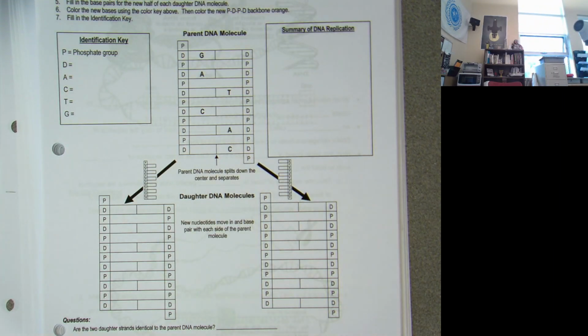I'm surprised there's one thing right at the beginning here that no one's got a question about. There's things up at the top that you need to fill in. Fill in the identification key. You need to fill in some letters up here.